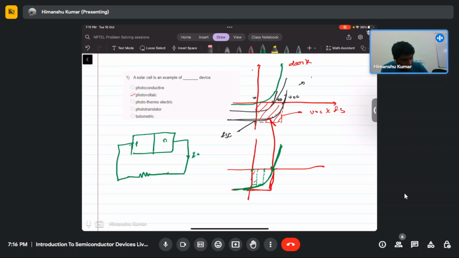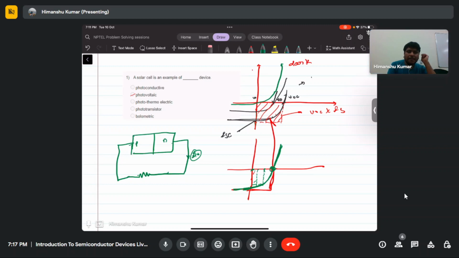But as you apply a finite load, the current will start flowing, and the voltage across the PN junction will adjust according to your external circuit, based on this relationship. Is that fine?